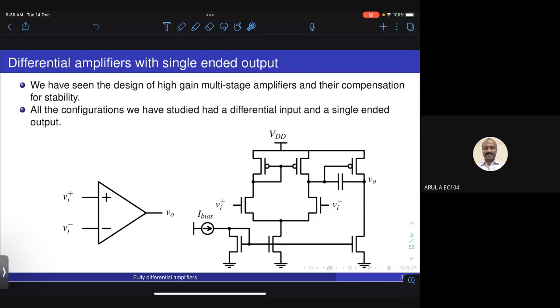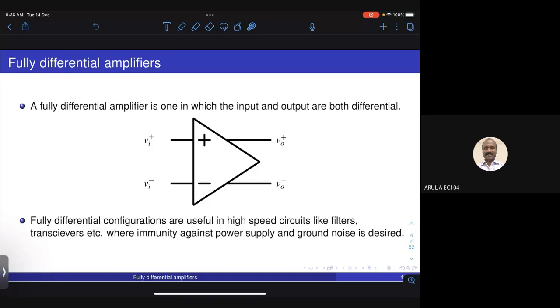So today we want to move on and look at circuits which have differential input and differential outputs. A fully differential amplifier is one in which the input is also differential and the output is also differential. These configurations are useful in high-speed circuits like filters, transceivers, etc., where immunity against power supply and ground noise is desired. Whenever you have differential signals, any noise appears as common mode and therefore it can be easily rejected.